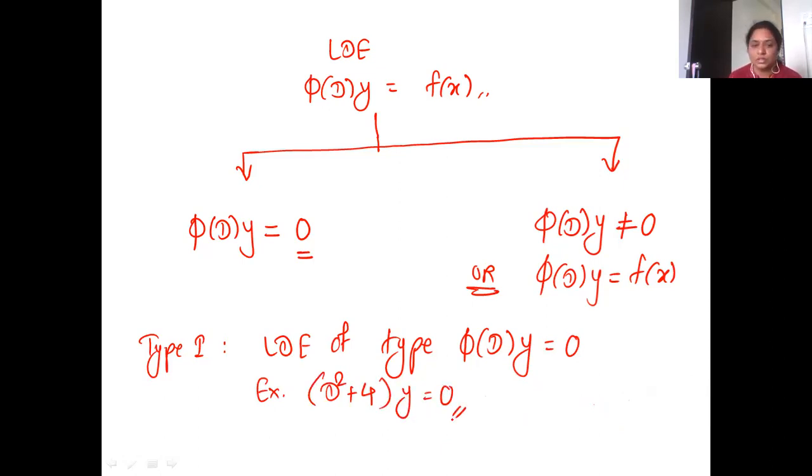Such types of equations will be there. It can be anything, into y is equal to 0. Or we can say d cube plus d into y is 0. Whatever. These are the examples. Now, how to solve?